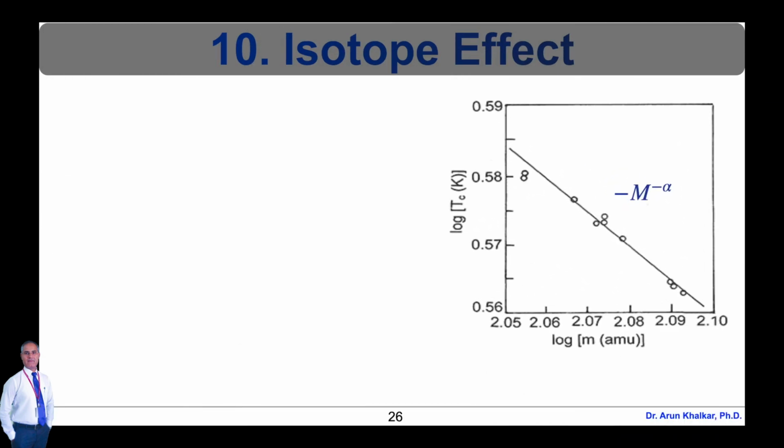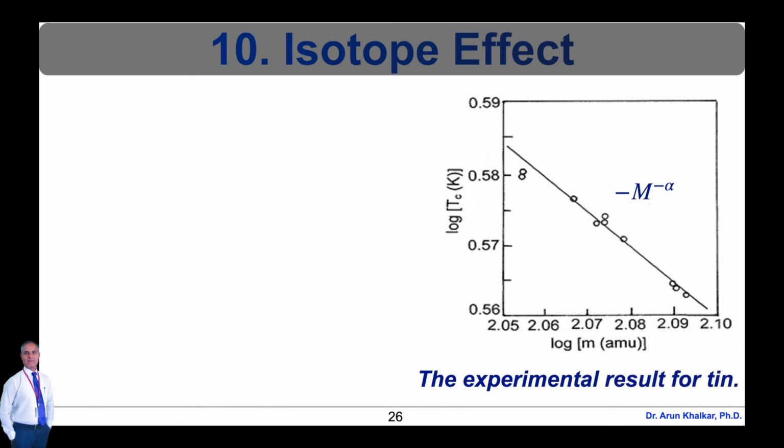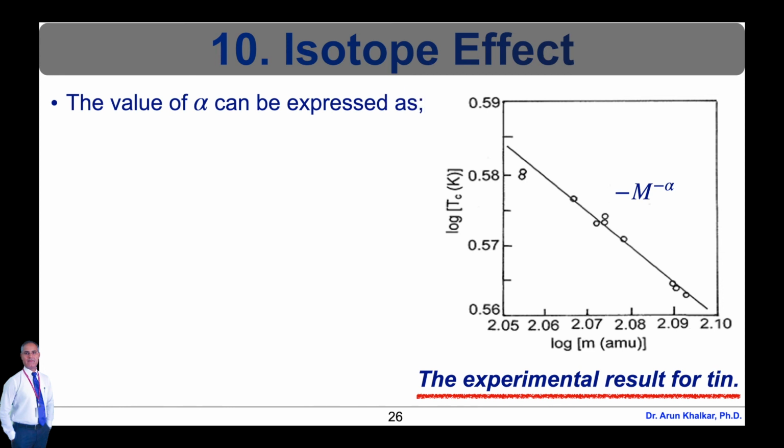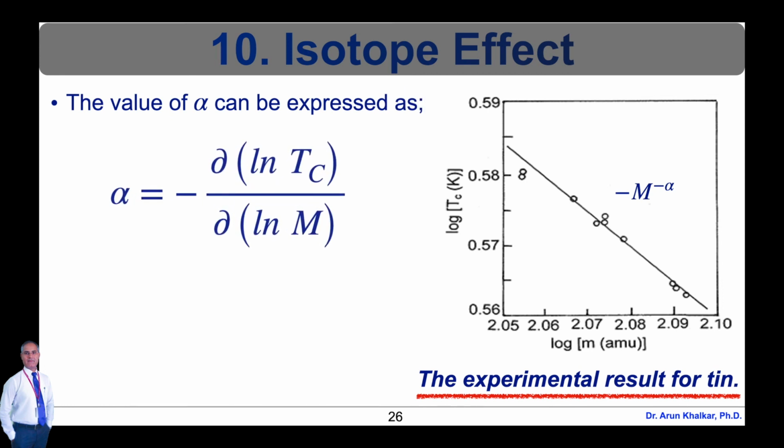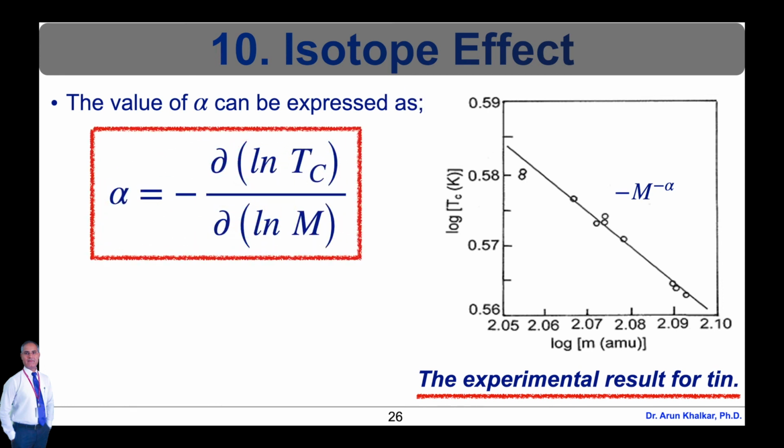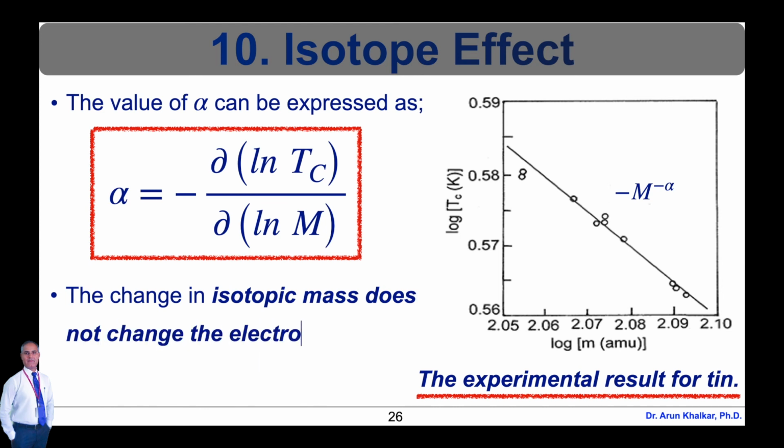Since the mean square of the amplitude of atomic vibrations is proportional to the square root of M at low temperatures, the above equation suggests that lattice vibrations are involved in causing superconductivity. The value of α can be expressed as α = −∂ln Tc / ∂ln M. The change in isotopic mass does not change the electronic structure.